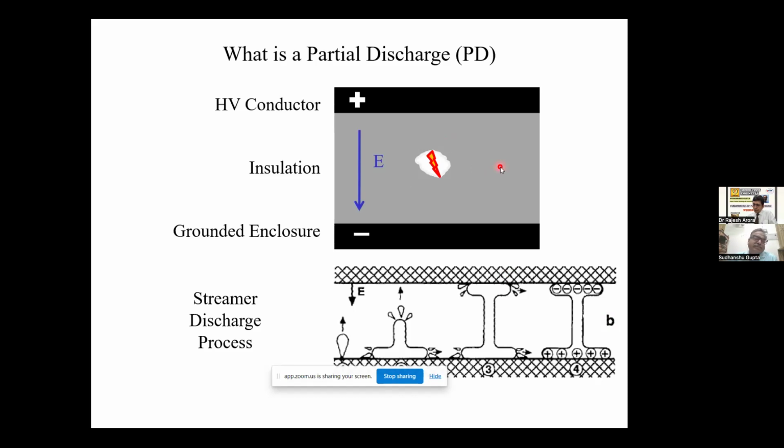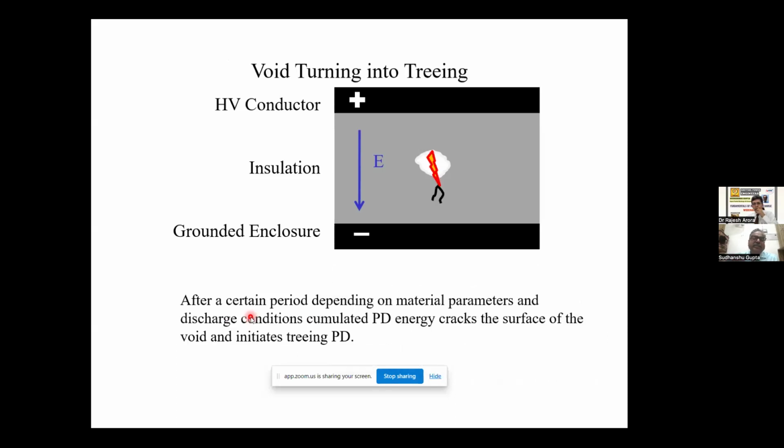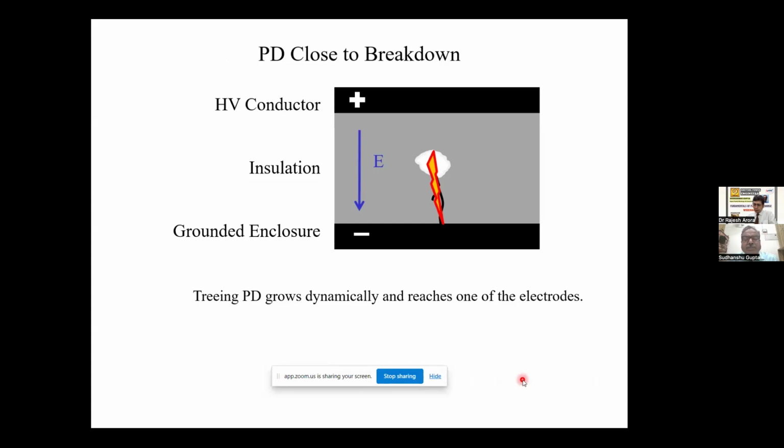We have a high voltage across this void, and because of this high voltage application, the void will have some partial discharge activity inside. Once this partial discharge activity grows after a certain period, depending on the material parameters, it may give you a string in it. And after this string, you may have a flashover.